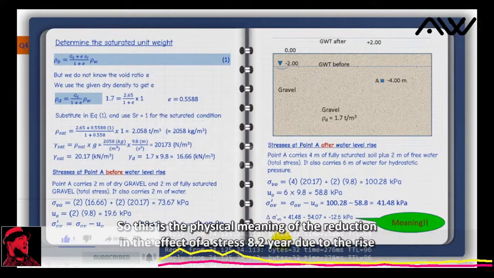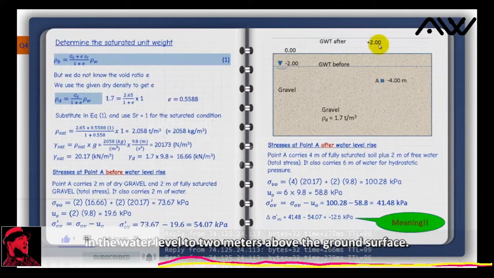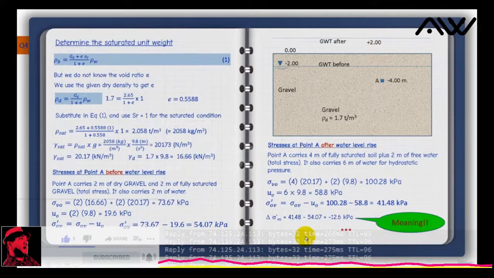So this is the physical meaning of the reduction in the effective stress at point A due to the rise in the water level to 2 meters above the ground surface.